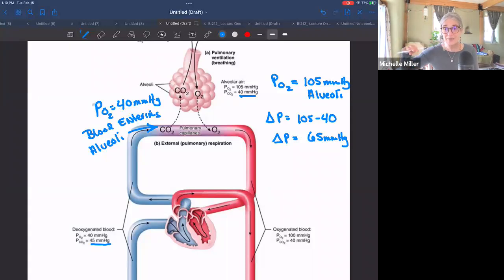They also acclimate themselves so that they go from one level and they wait maybe a week, and then they go up a little bit higher, wait a week, go up a little bit higher, and they're acclimating their body so that they are adjusted to that lower level of oxygen. So this difference in partial pressure depends on where you are on the planet. And so that is the movement of gases, the diffusion of the gases.